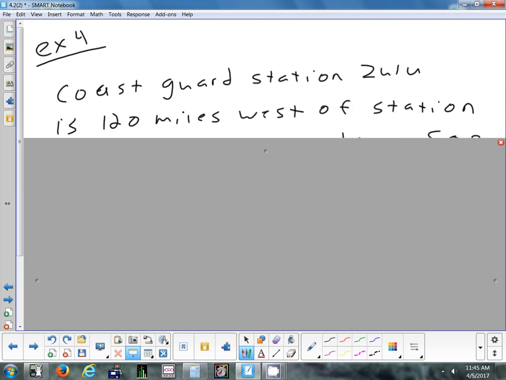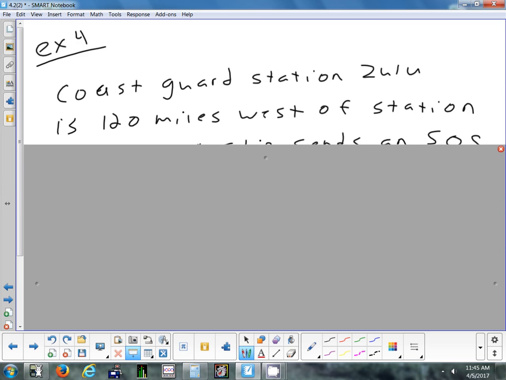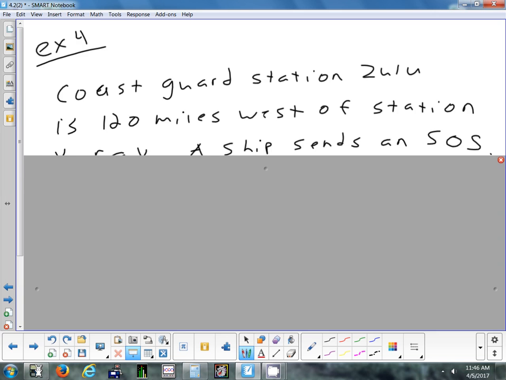So when they radio in, there's 2 Coast Guard stations that hear them. We'll call them Z and X when we write them in the diagram. But the first one is Station Zulu. And Station Zulu can determine that the signal is coming from a certain direction. Right?